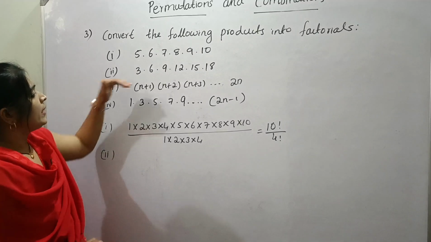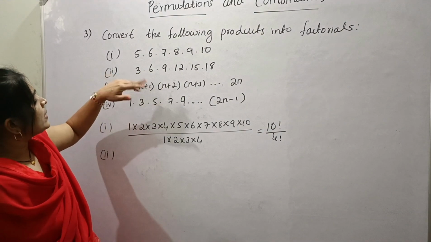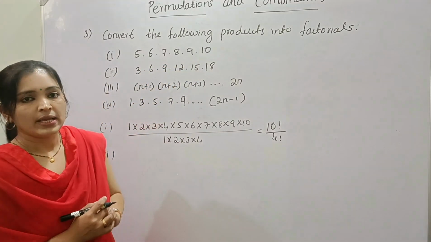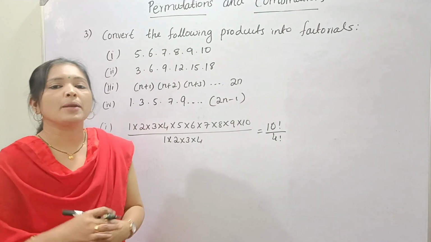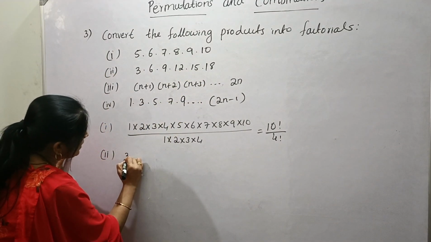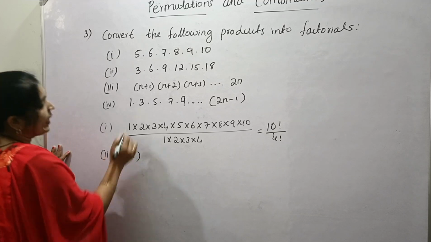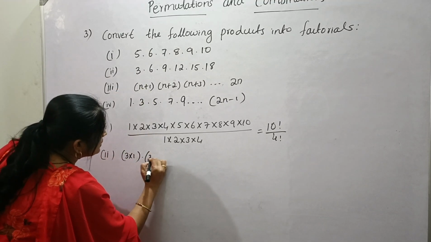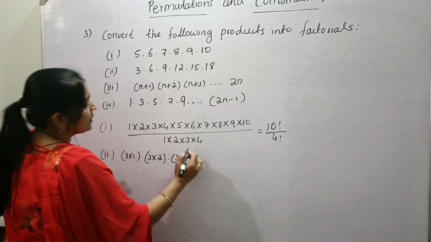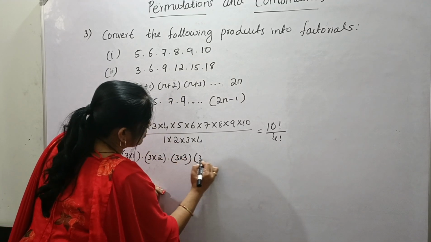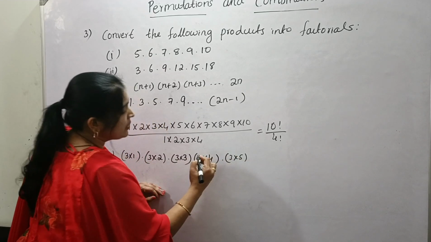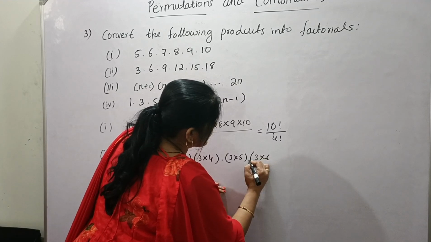See, the second one is 3 into 6 into 9 into 12 into 15 into 18. We know that all these numbers are multiples of 3, right? So we can write it as 3 into 1, into 3 into 2, into 3 into 3, 3 into 4, 3 into 5, 3 into 6.